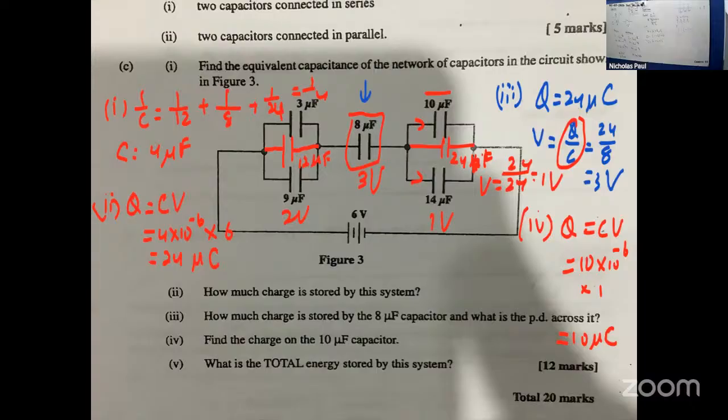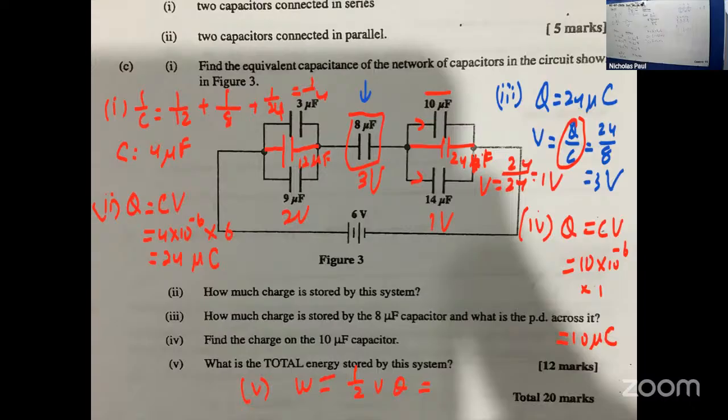Right, so that's part 2, 3, 4, 5 now. How do we find the total energy? What are we using for total energy? W is equal to a half VQ.